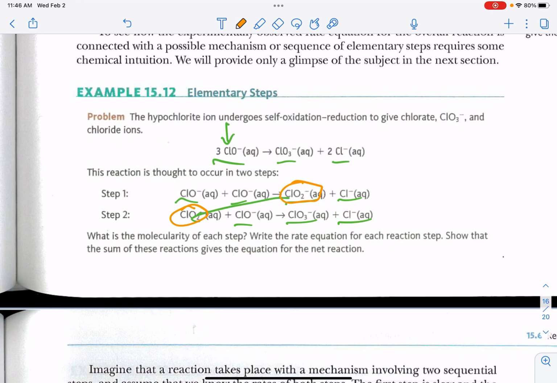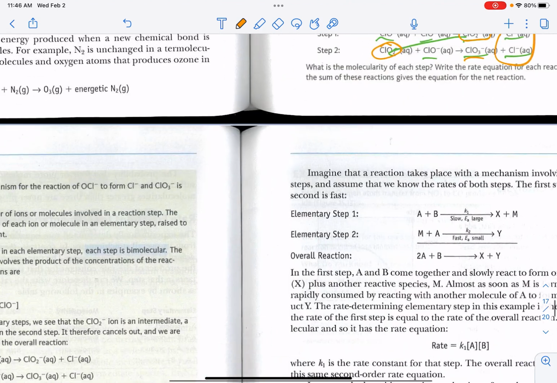It disappears, and you'll notice now that I have 2 chlorides, and I have 1 chlorate ion. So the 2 steps agree with the overall balanced equation, and each step is bimolecular, and that makes a lot more sense. It would have a higher probability because bimolecular steps are much more common than termolecular steps.